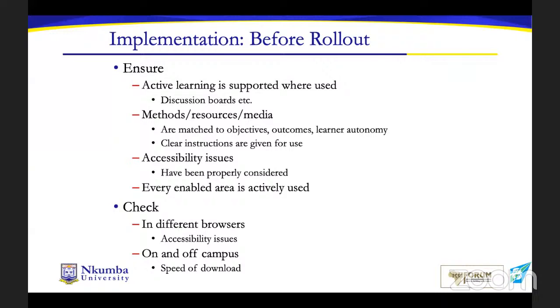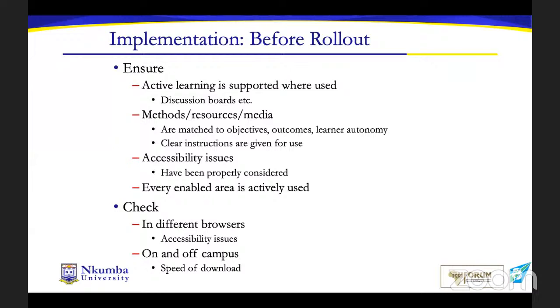So, remember, starting from the activity, the course resources, all the material and components should be intertwined with the learning objectives, the outcomes, and the autonomy of the learner. If the autonomy is procedural, think about activities that go with that.